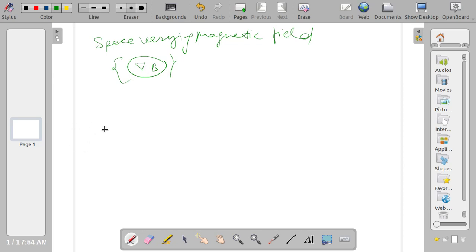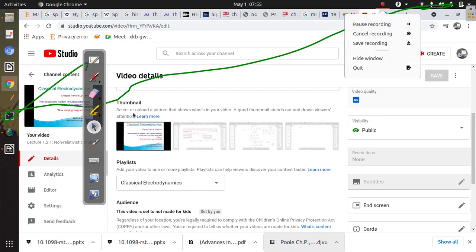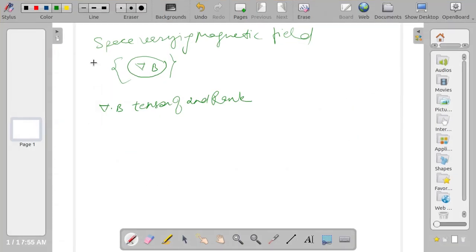So if I express this del B in terms of a tensor, it can be expressed as a tensor of second rank.